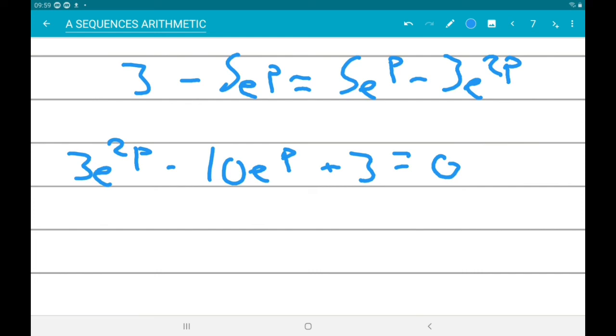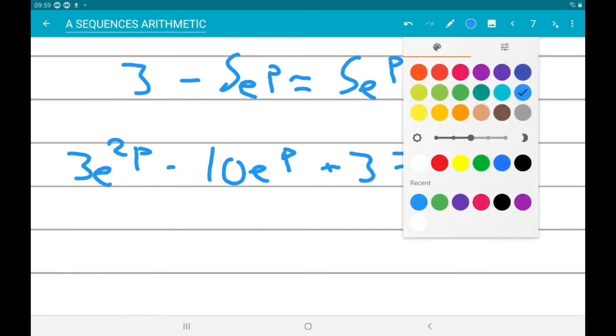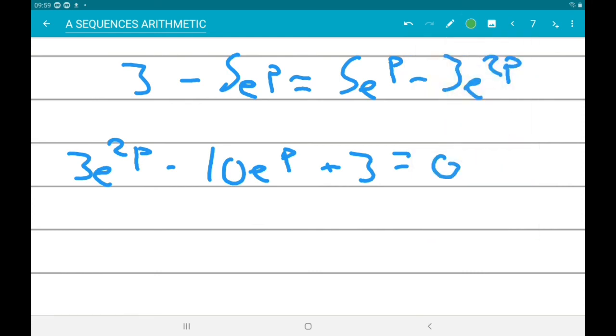So what we can do, and we don't have to do this, we could let y be e to the b, and then that would mean y squared is e to the 2b.